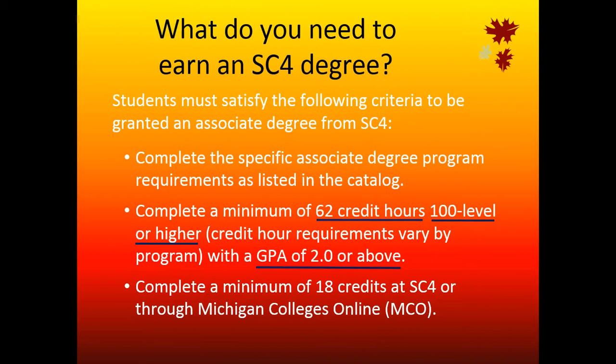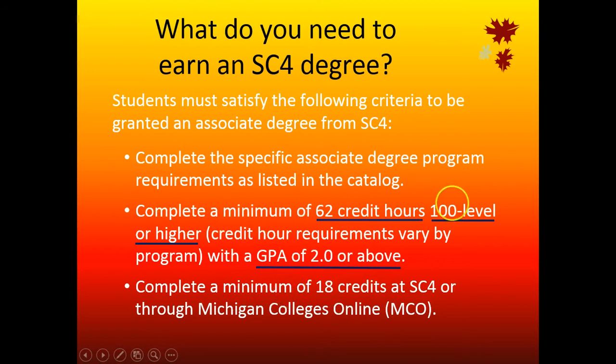It still makes sense to complete that class even if you're not going to hit the C level or the 2.0 level. But overall, you need to be at 2.0 or above by the time you're done. They also say you must complete a minimum of 18 credit hours at SC4, but that's not hard to do because you're starting out at SC4, and basically all your credits are going to be SC4 credits.